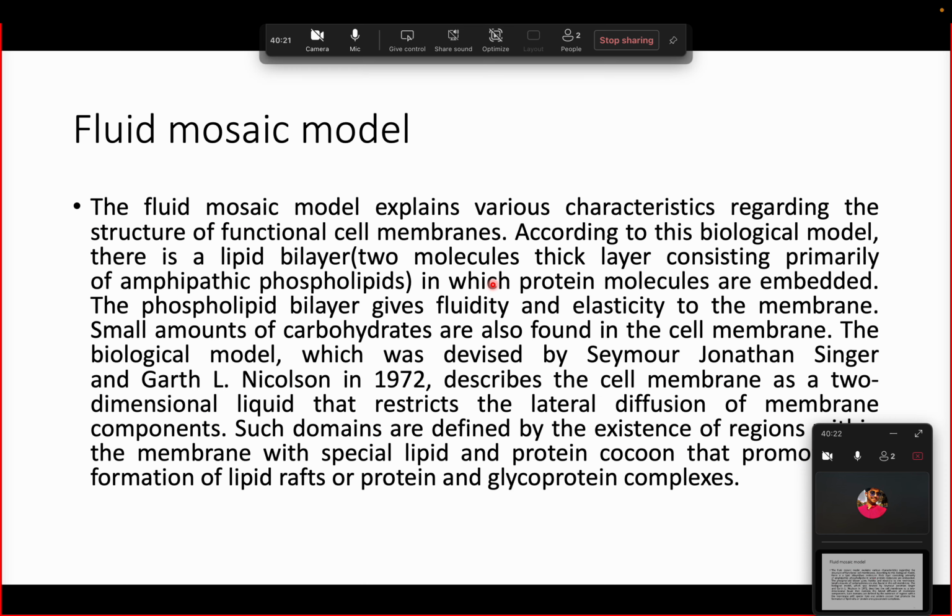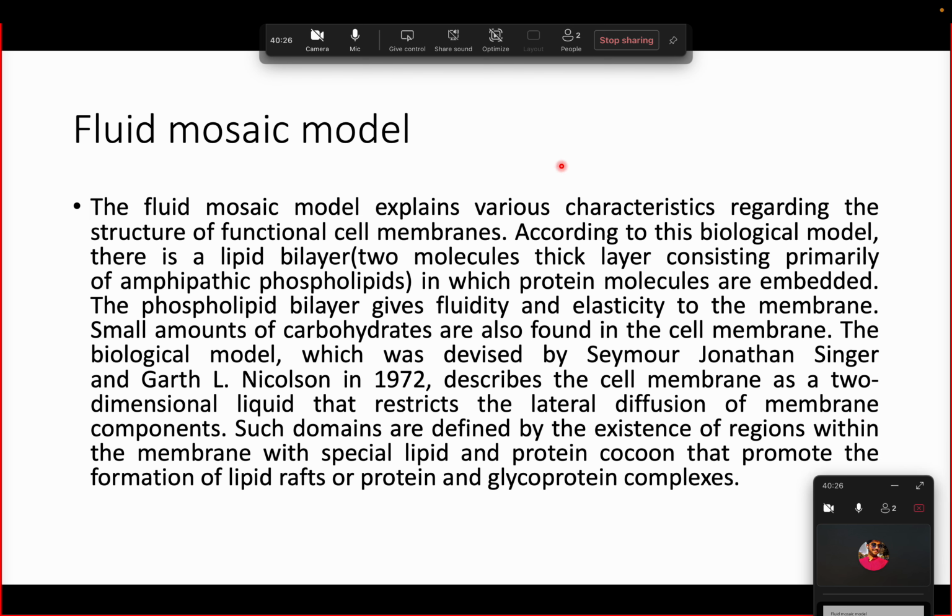Okay, so now if we see some of the characteristics of the fluid mosaic model. So what exactly is a fluid mosaic model, right? A fluid mosaic model explains various characteristics regarding the structure of a functional cell membrane. According to this biological model, there is a lipid bilayer. I hope that these words are now completely engraved in your mind.